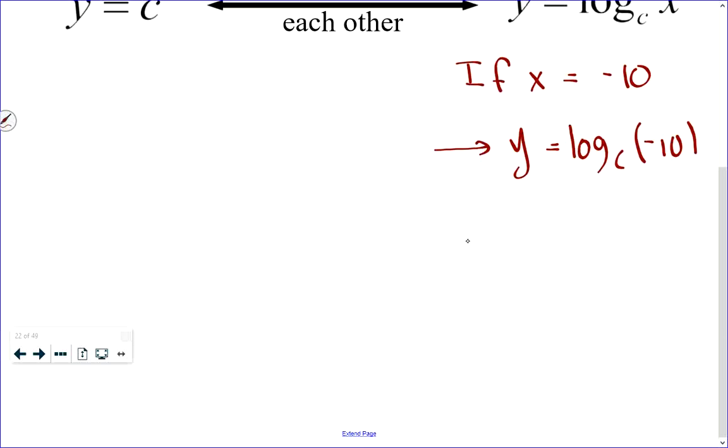Let's write this in exponential form. So if I write this in exponential form, then this argument goes by itself. And it becomes a base c exponent of the other piece.